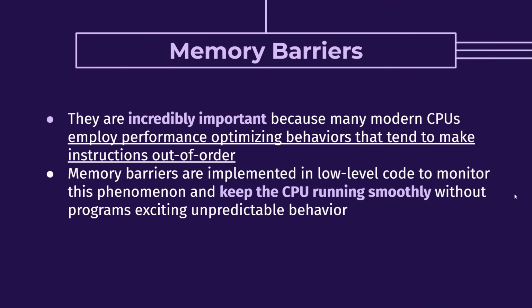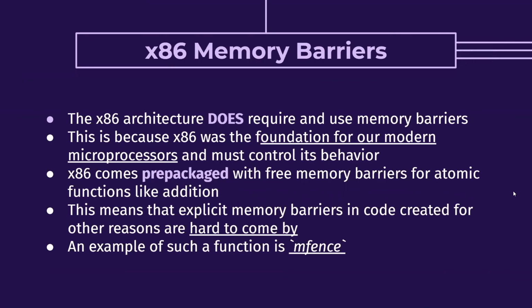Memory barriers inside of the x86 architecture are pretty much the same thing. This architecture does require the use of memory barriers, and this is because the x86 is the foundation of our modern microprocessors. The x86 does come prepackaged with a memory barrier format, and this means that it's very difficult to find custom memory barriers created by programmers out there.